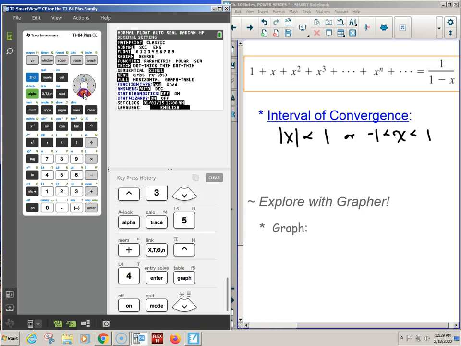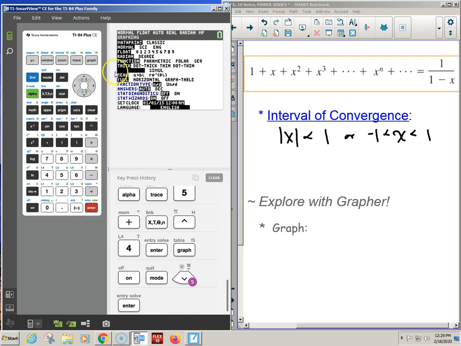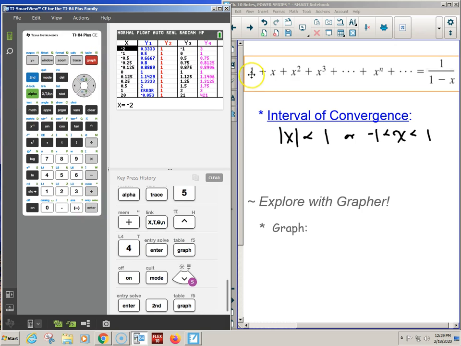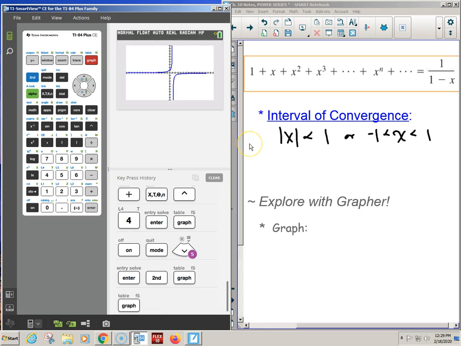Do you guys know there's a mode that lets you, instead of doing it all at once, graph one at a time? This might be your natural one. I'm not entirely sure. Do you see it? This is the entire 1 over 1 minus x.